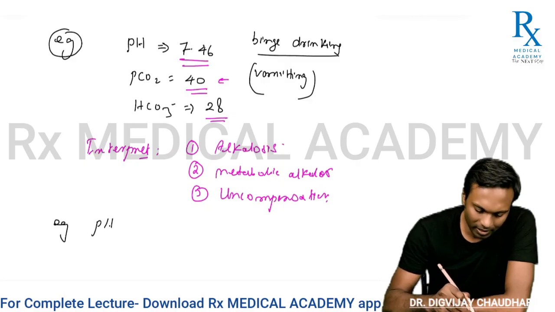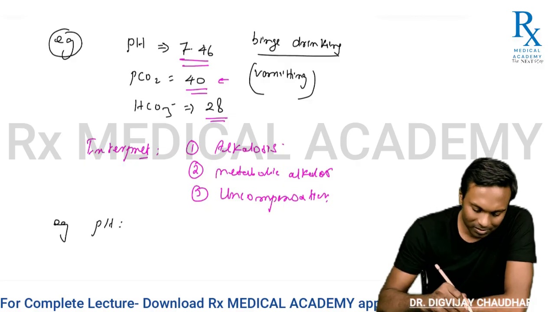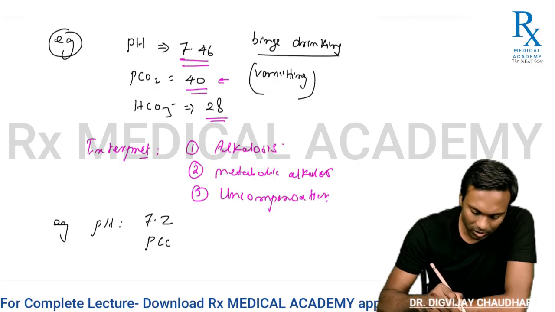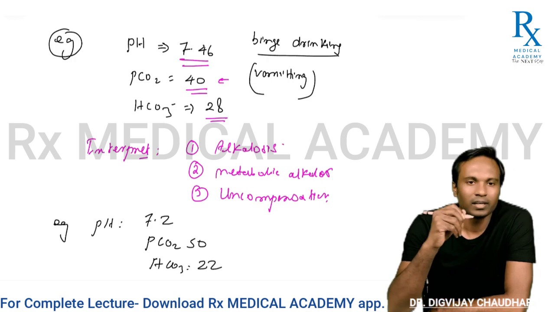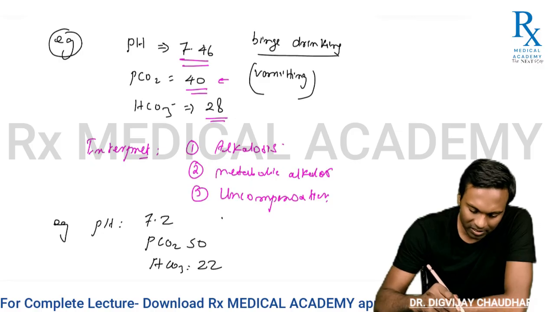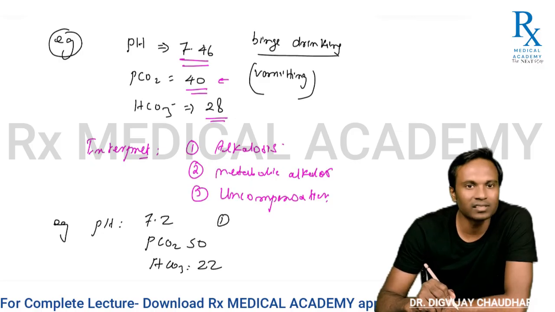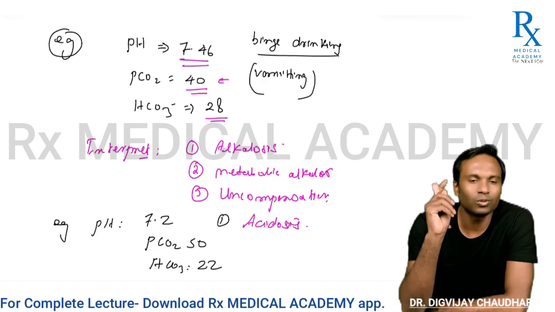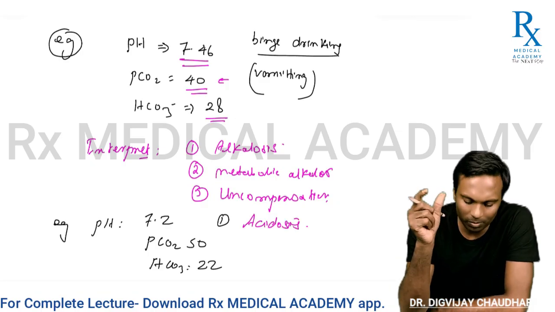Suppose someone's pH, irrespective of scenario, is 7.2, PaCO₂ is 50, bicarb is 22, right? What will the interpretation be? It is a very simple case. First thing is whether it is acidosis or alkalosis. pH is less than 7.4, so this has to be acidosis. Now you have to look at which is the primary problem.